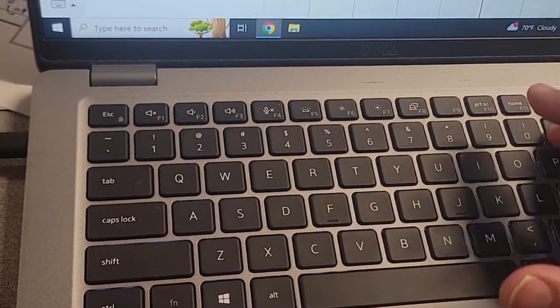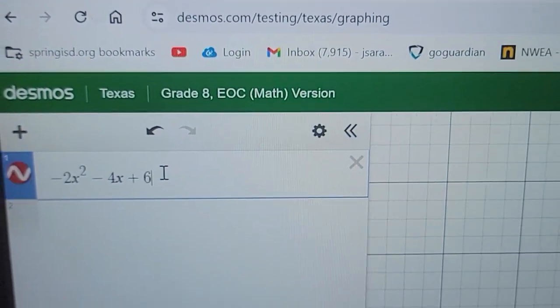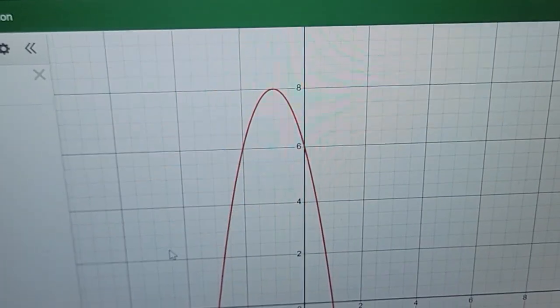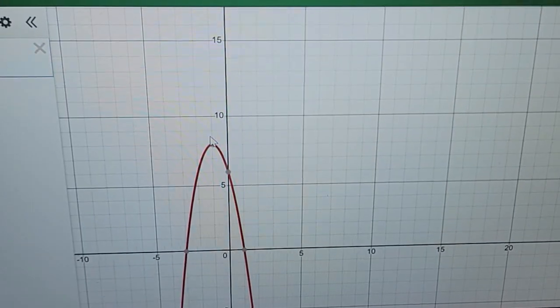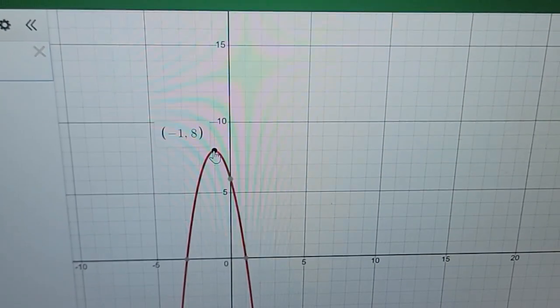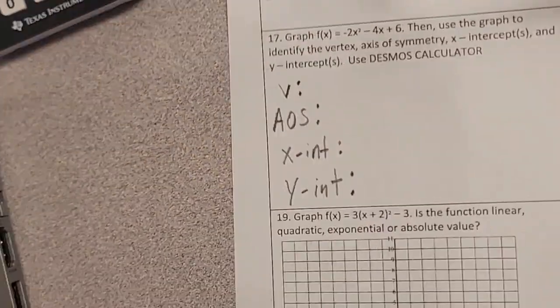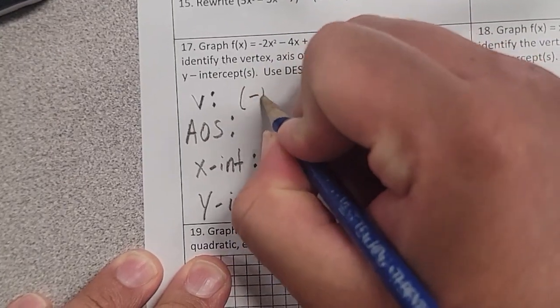All right, and then we have -4x, and then we have +6. Boom. So now, when you have your Desmos, you're going to have a whole bunch of dots. Click the graph. There's a dot here. That's the vertex. So write this down for vertex. So right here, it's going to be parentheses, -1, 8.